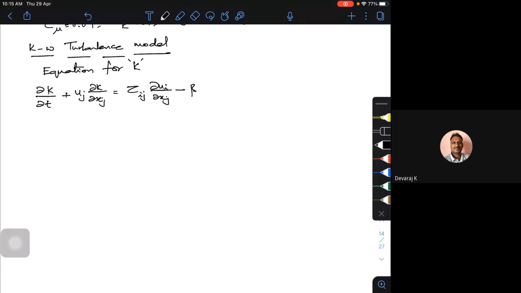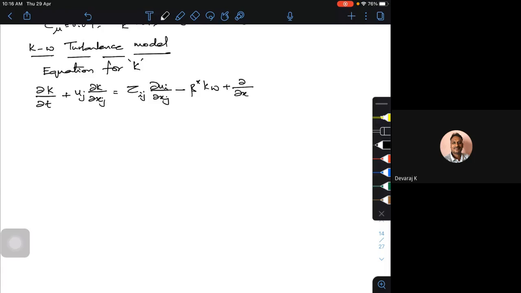Minus, we have a constant called beta star, which has a value of 0.09. Whenever you are running a CFD model, people try to vary this number: 0.09, 0.085, 0.075. So this constant is varied, but it has been found to be 0.09, beta star into k omega.